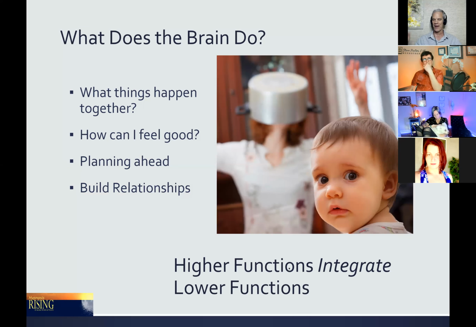And so we have a huge amount of infrastructure in our brain that was built up and has been refined over the last several thousand years, which is all focused on building relationships. This is actually the last part of the mind to really come online. But fundamentally, these higher functions all integrate our lower functions. The other thing that's important to understand is that they feed back into our lower functions.